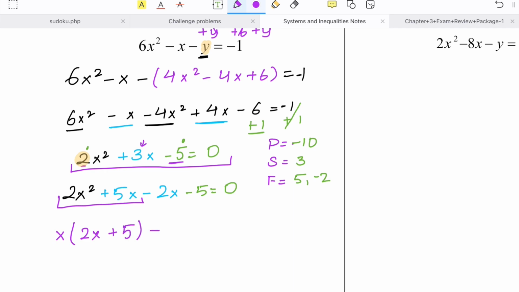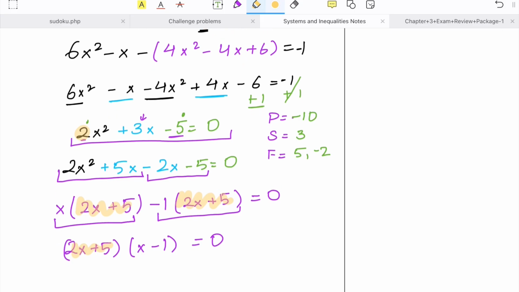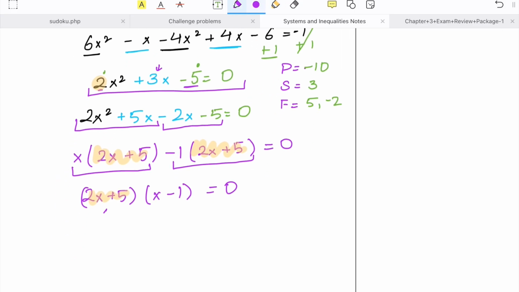Your common term over here is negative 1. So you'll be left with 2x plus 5. You'll factor that out and you'll be left with x minus 1. Because this is common in both of them, right? So x will be equal to negative 5 over 2 for this one, and x will be equal to 1 for this one.